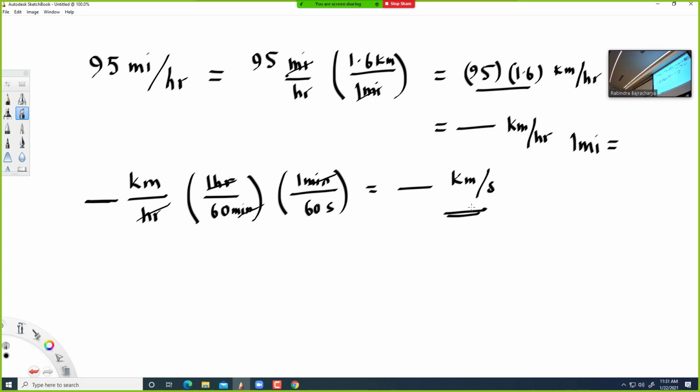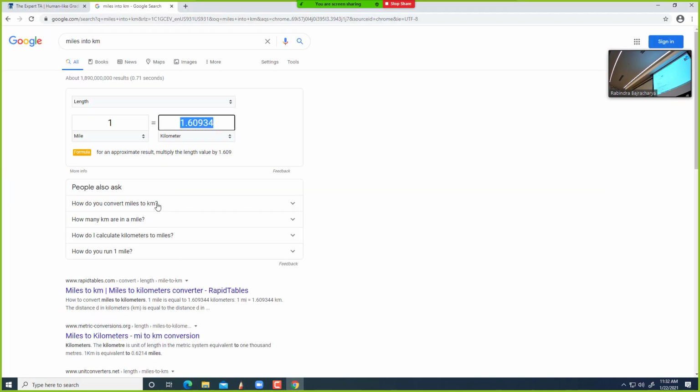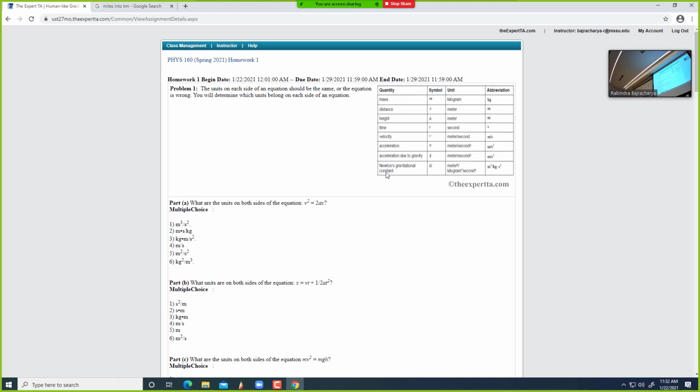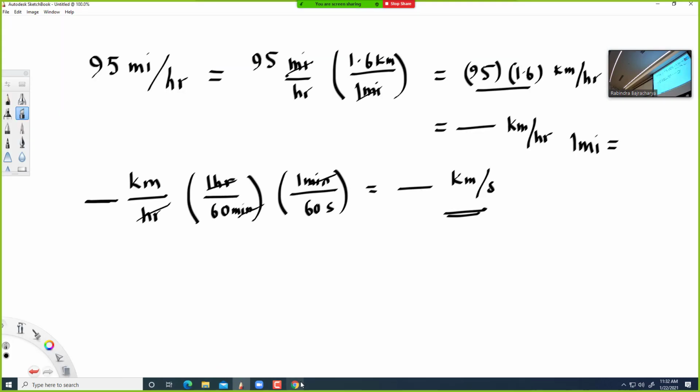Now let's talk about units. So there are a couple of questions in the homework where you will need to find the units of the derived quantities. So we saw the three fundamental quantities: length, mass, and time.